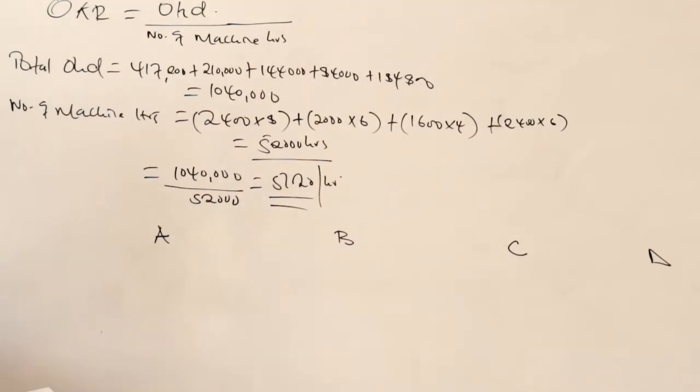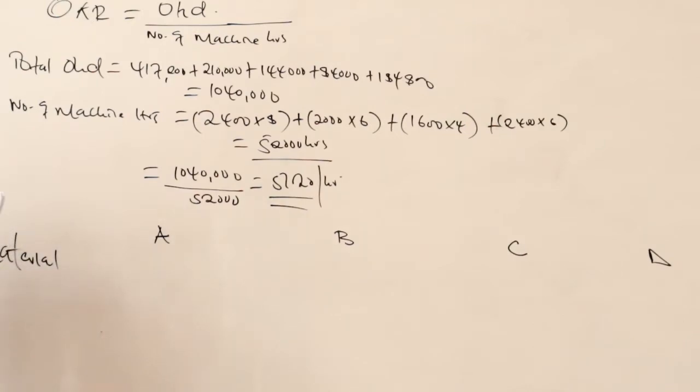The total cost is a composition of material, labor, and overheads. So we get the material cost of product A.